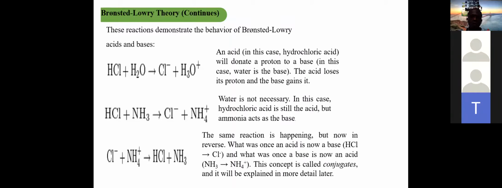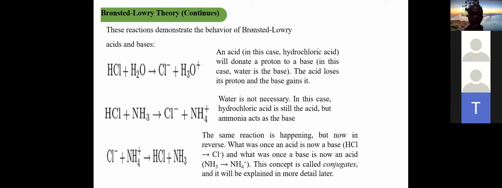Somebody can also decide to write the overall equation: H2SO4 plus 2 moles of water going to... no, that would be wrong. What Rejoice said is right.